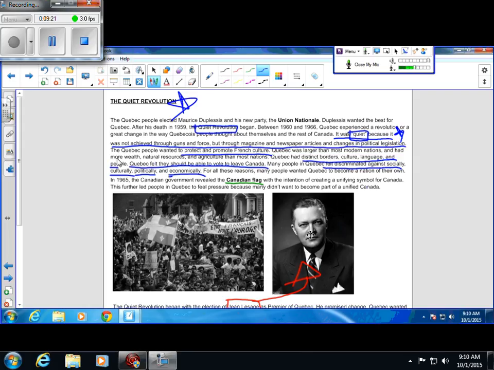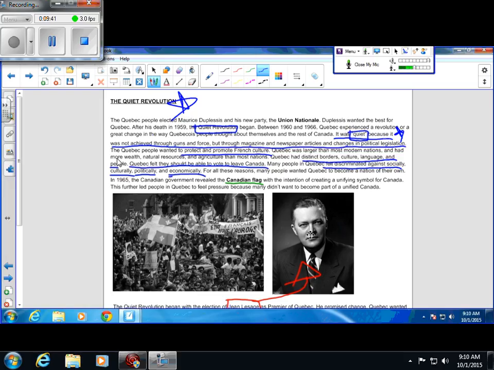There wasn't any violence in this revolution. That's why it was called the Quiet Revolution. So no guns, no violence, no force, but it was achieved through magazines and newspaper articles in order to change political and legislative matters.